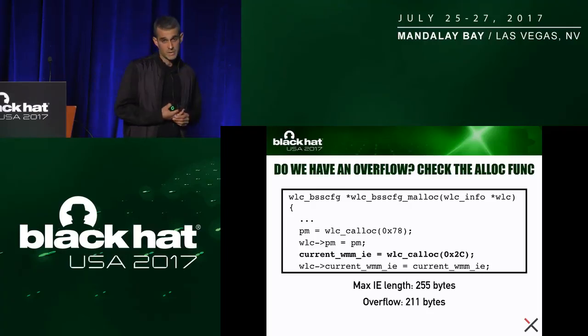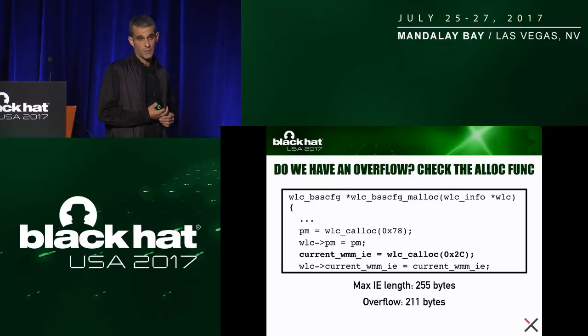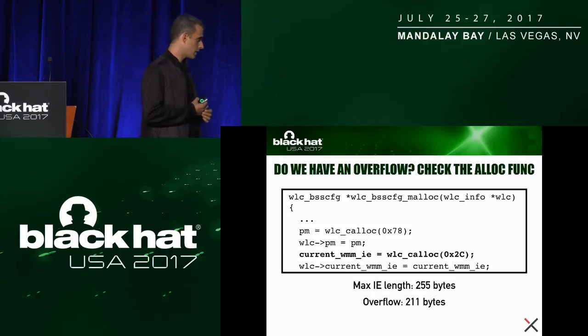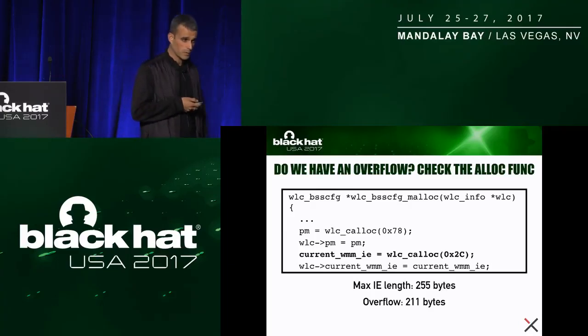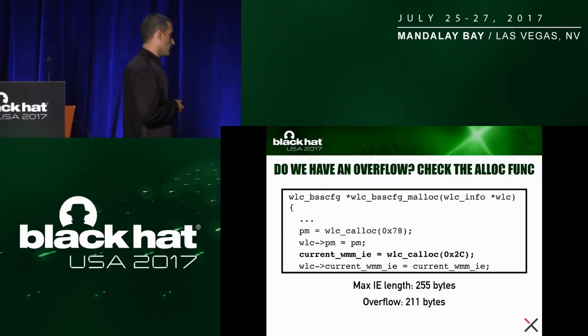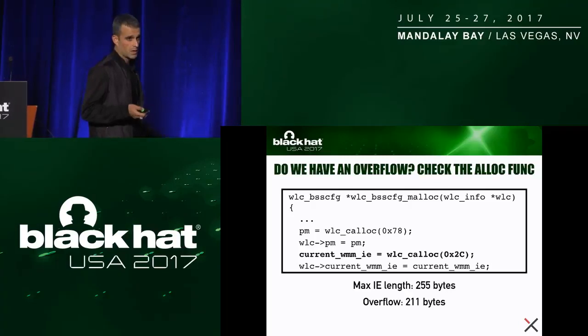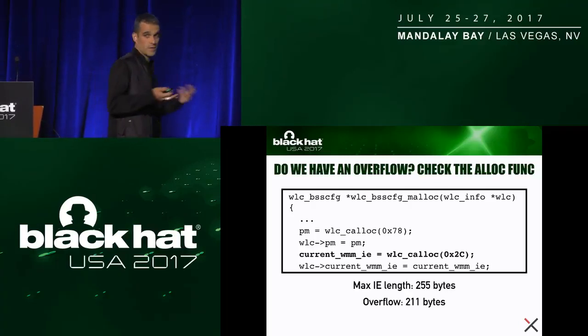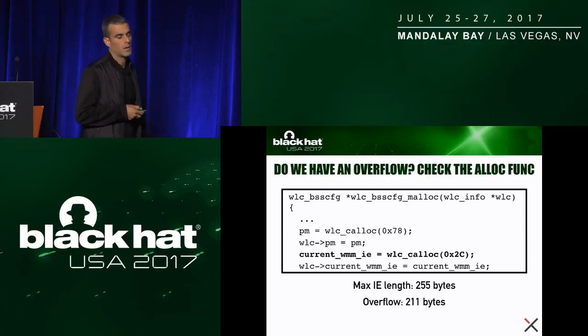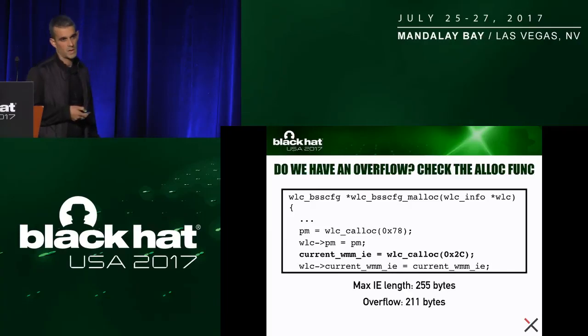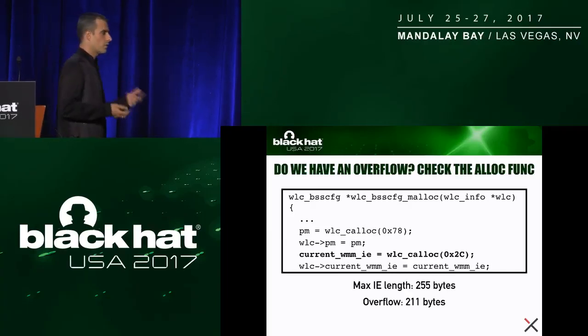While we have 1 byte in the length field, which means we can make a maximum length of 255. So 255 minus 44 gives us 211 bytes of overflow, which is actually very nice because it gives us a lot of leeway. Often overflows are small, they can be 8 bytes, 4 bytes, and then they're much harder to exploit. This actually gave us a lot more flexibility.